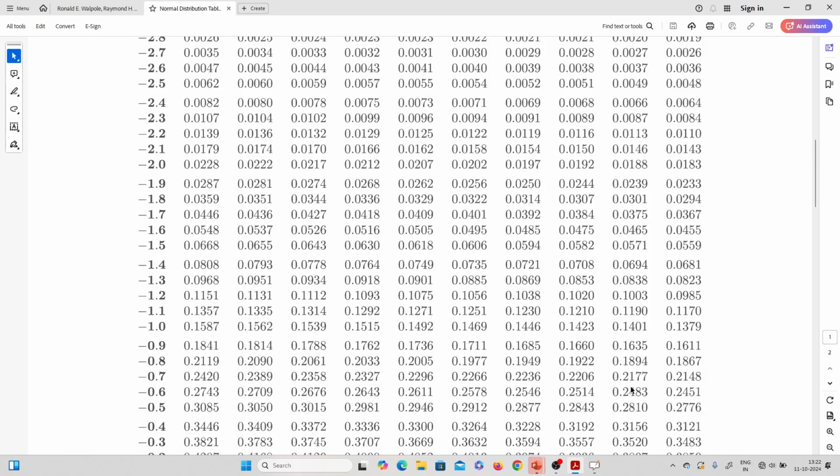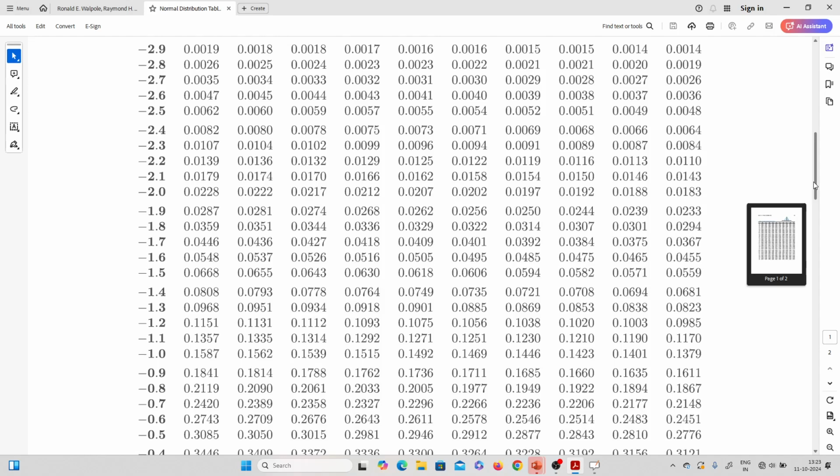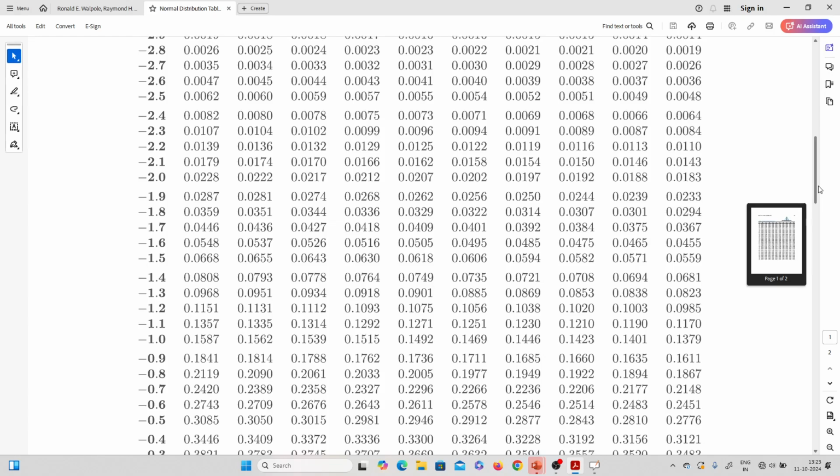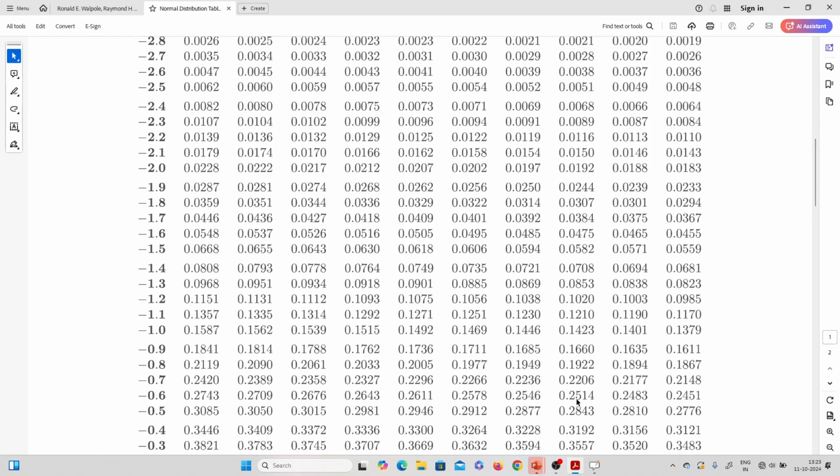So we have to choose between these two numbers now, 0.2514 and 0.2483. So 0.2483 is 0.17 away and this is 0.14 away. So we'll have to select this number now. So 2.14, that is minus 0.6 over here, and this is, I think, 7. Let's check. Yes, it is 7. So minus 0.67 is the answer.